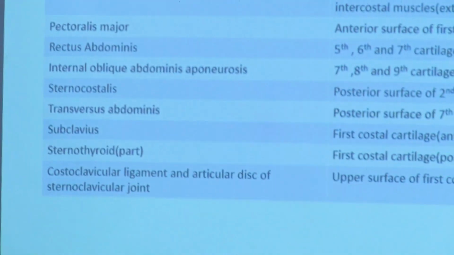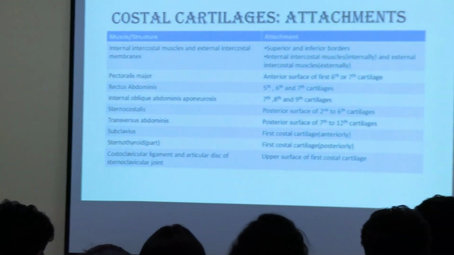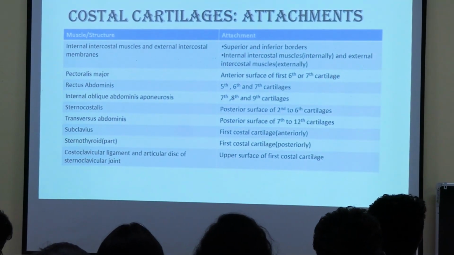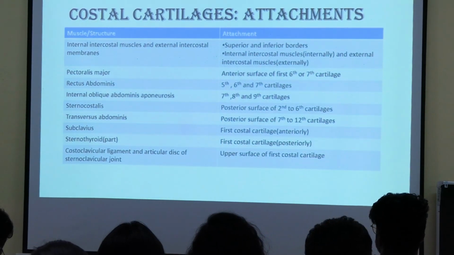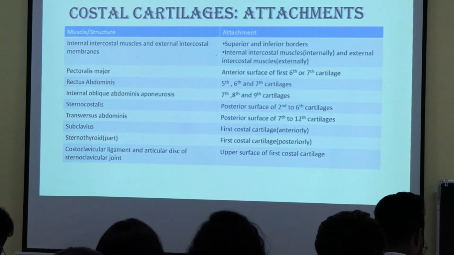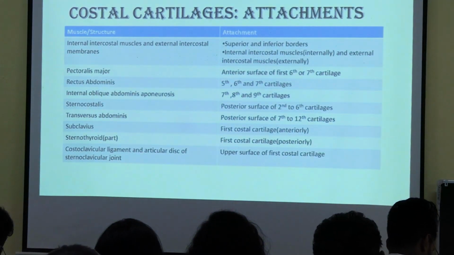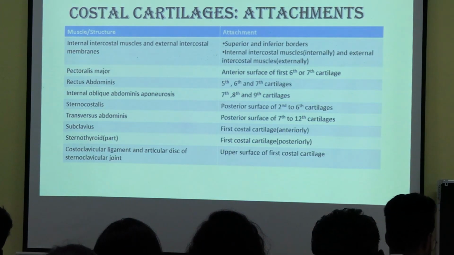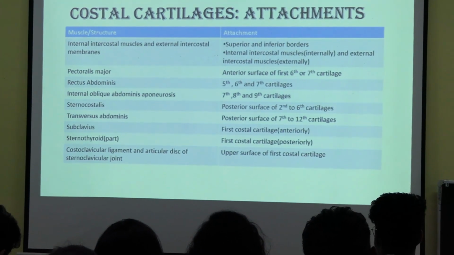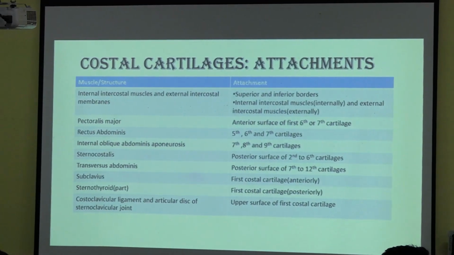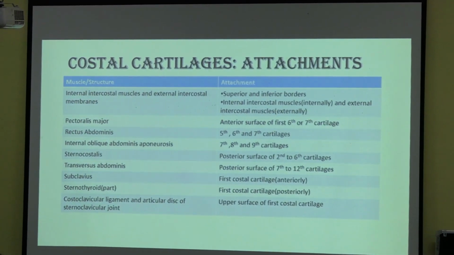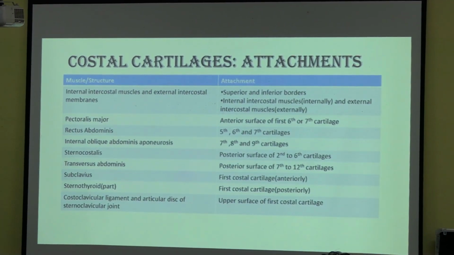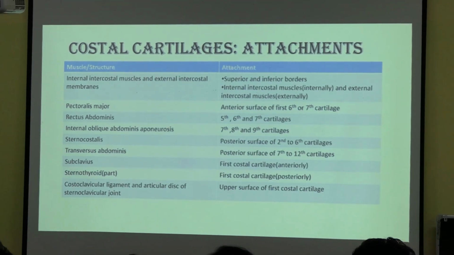Now the muscle attachments. First is the internal intercostal muscle and external intercostal membrane, attached to the superior border and inferior border of the ribs. Next is pectoralis major, on the anterior surface of the 1st to 6th or 7th costal cartilages.